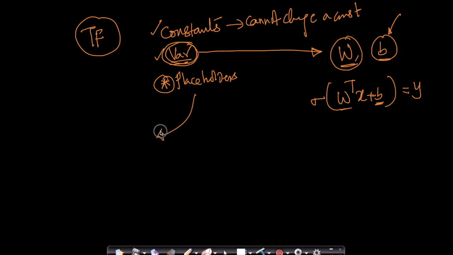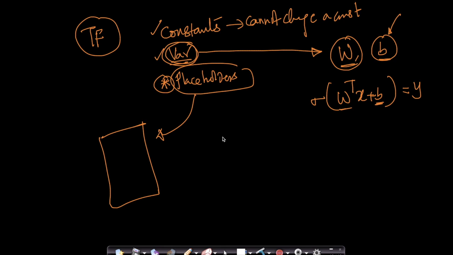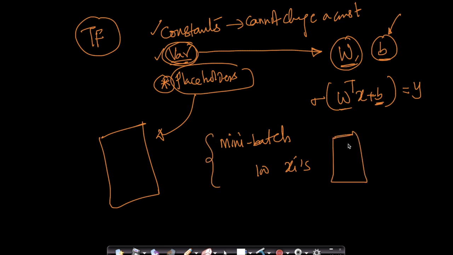On the other hand, a placeholder, intuitively speaking, is like a memory location for which you may define the size, and sometimes you don't even define the size. A placeholder is typically used as follows. Imagine you're training a mini batch of, let's say, 100 xis. You want to store these 100 xis, with x1 here, x2 here, x3 here, and so on up to x100 here.